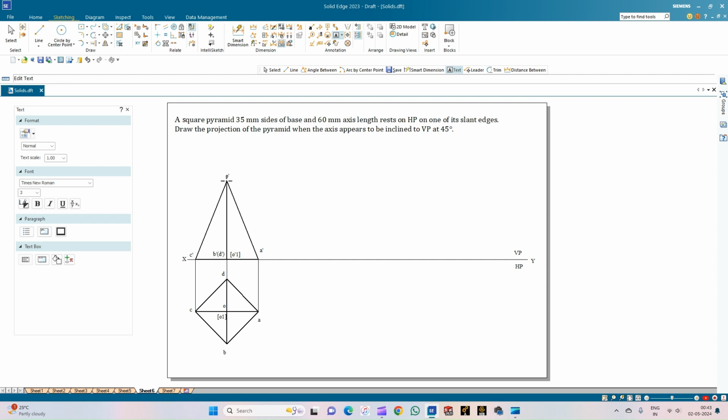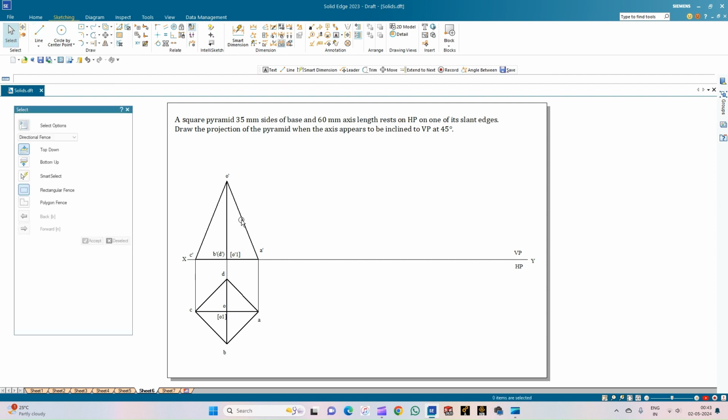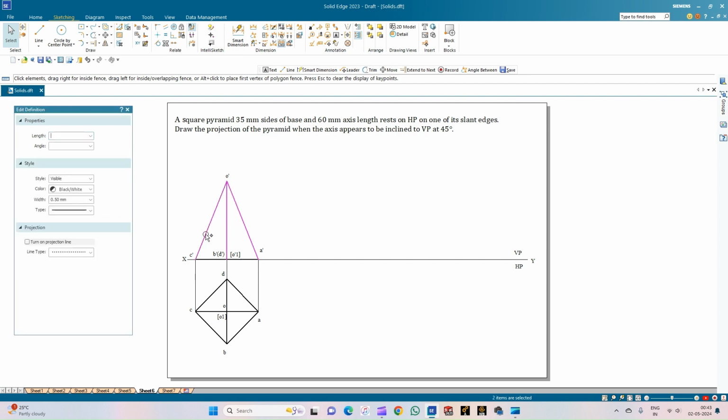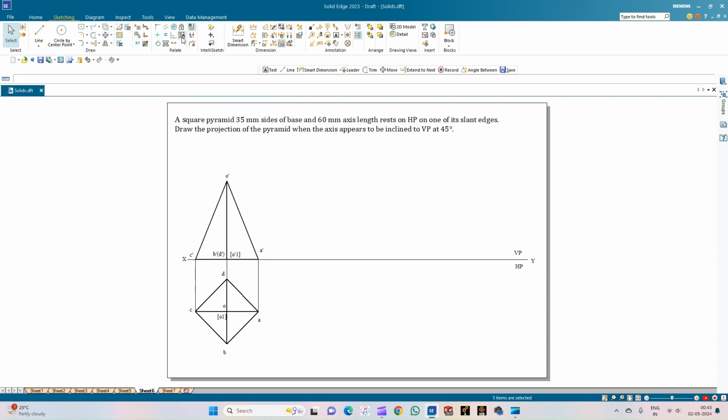Now we are going to rotate this particular front view of the pyramid in such a way that on the HP it is resting on one of its slant edges, that is O dash A dash. For that, let us select the pyramid front view and make this a rigid set.